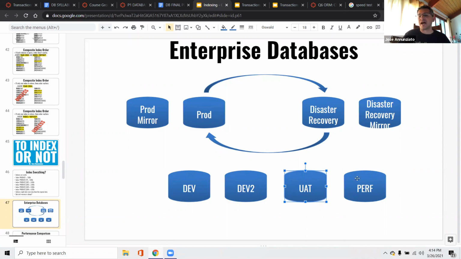They might have another copy for performance testing, where they can bombard the application with denial of service attacks and all sorts of vulnerabilities that they're trying to identify every day. And there are going to be mirrors of these everywhere. So you're talking about a fair amount of data and complexity of having to copy and move these things around.